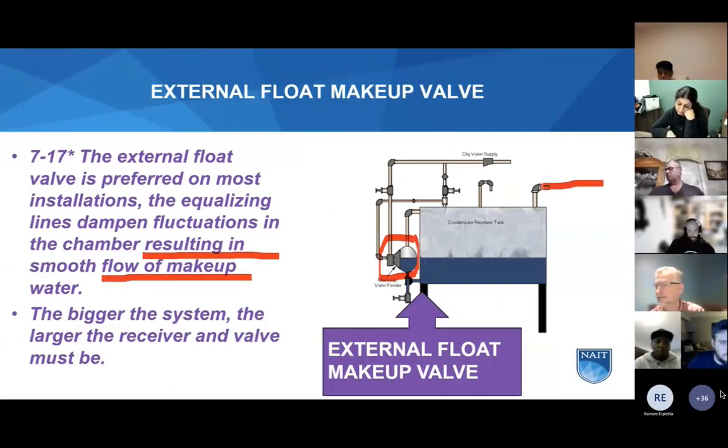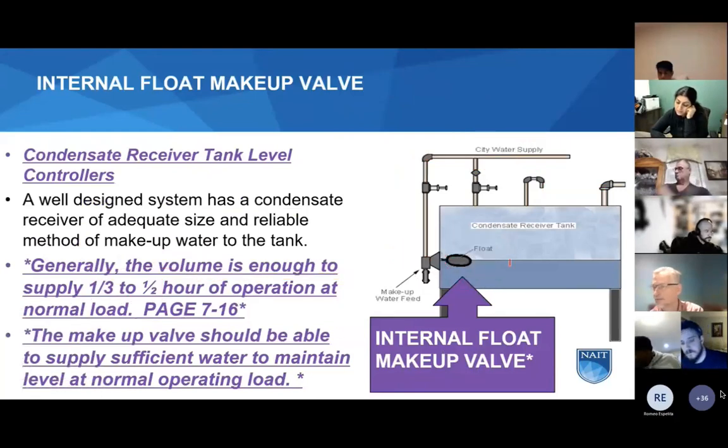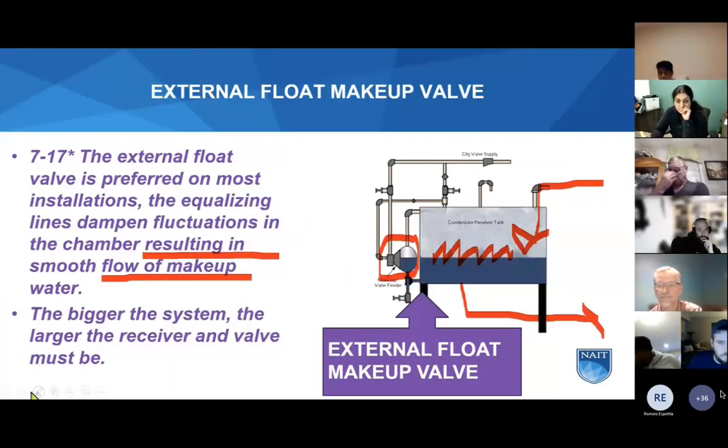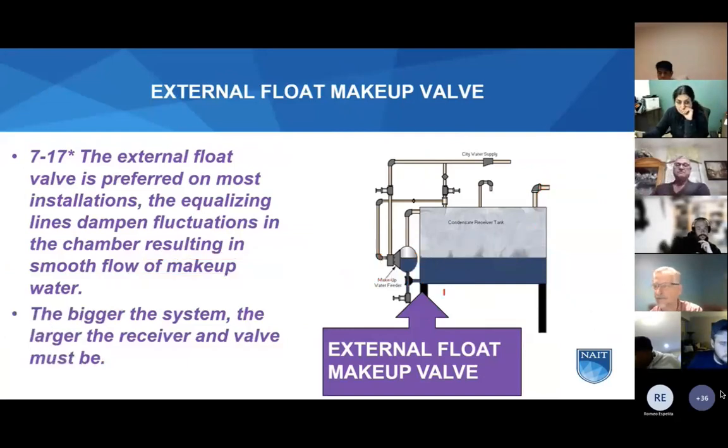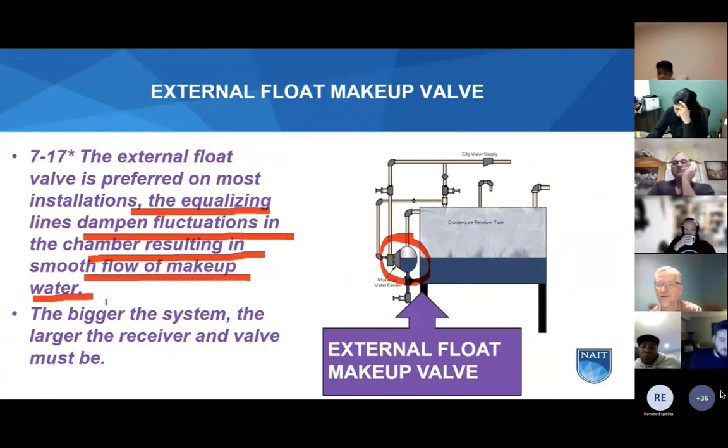A condensate receiver having condensate coming back in and being pumped out at the same time, this level can be kind of bumpy in here. So with an internal float valve, we're going to have a bumpy supply of water, right? If we put the makeup float valve on the outside of the tank, we can put some equalizing lines to dampen the fluctuations in the chamber, resulting in a smoother flow of makeup water.